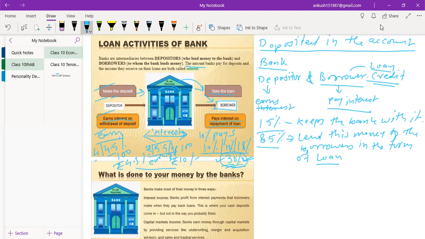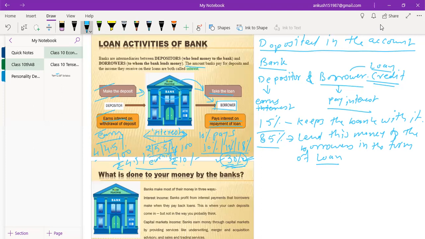So in this way, the bank makes money from the difference of interest. Have you got the point? So the bank gives the loan to the borrower.